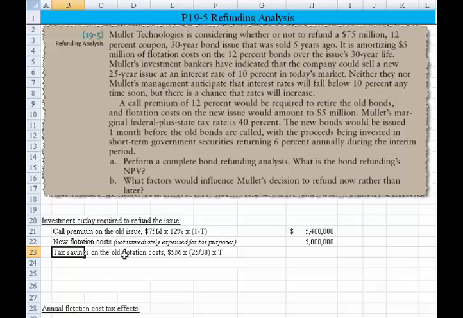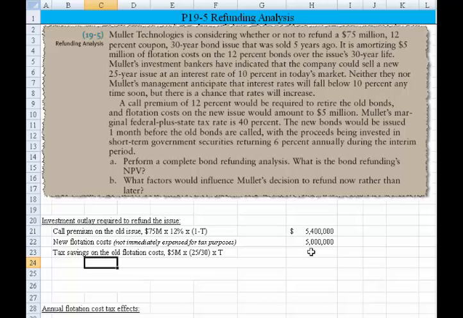Next we need to consider the tax savings on the old flotation costs. Here we take the $5 million of the old flotation cost times the amortization. I wrote 25 over 30, that's how much we have left to amortize, times the tax rate.